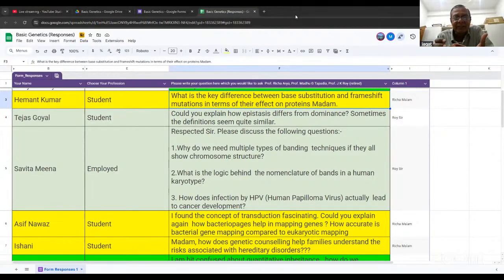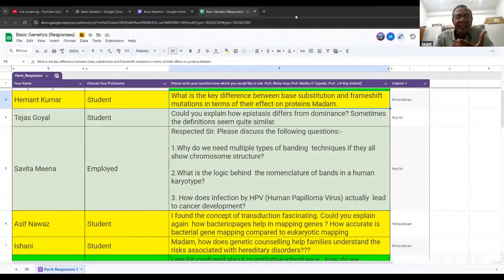Let us say you have 6 bases. That means you have two codons, codon 1 and codon 2. Now one base is added, in between, so the total becomes 7. So 3, 3, and 1 extra.